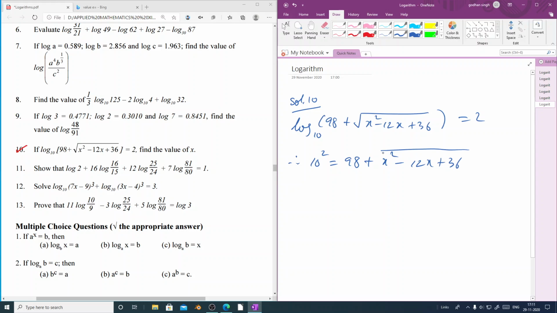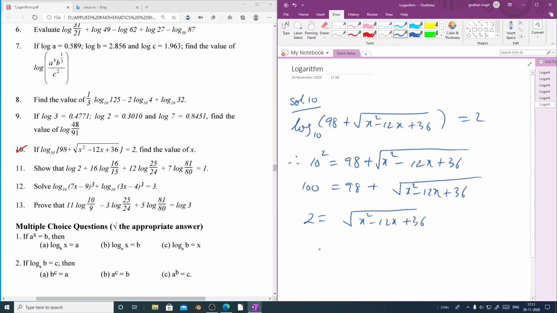And the root is over all of that. So this will give us 100 equal to 98 plus square root of x square minus 12x plus 36. So 100 minus 98 gives us 2 equal to square root of x square minus 12x plus 36.